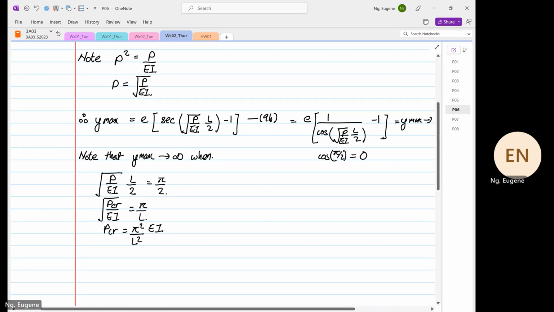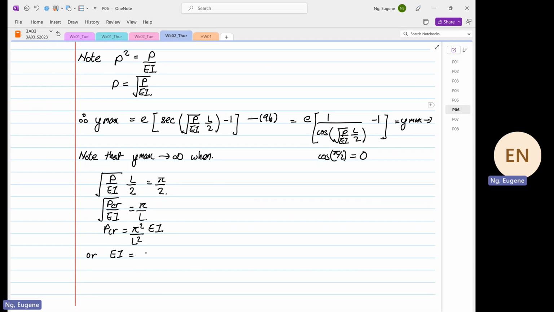Or we can write EI is equal to P critical L squared over pi squared. And this is our equation number 10.